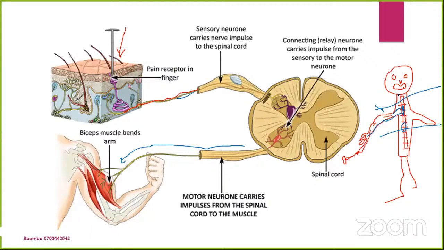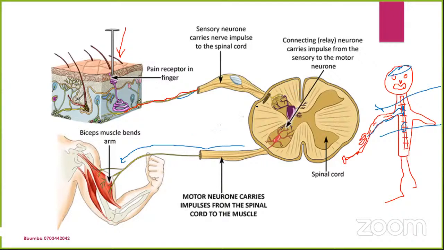That information doesn't need to first go to the brain, but rather the spinal cord knows what to do already. Something is burning me, something has pricked me, tell it to remove the hand. So it does it automatically. You don't first think about it. Those are some of the reflexes which we are going to study.